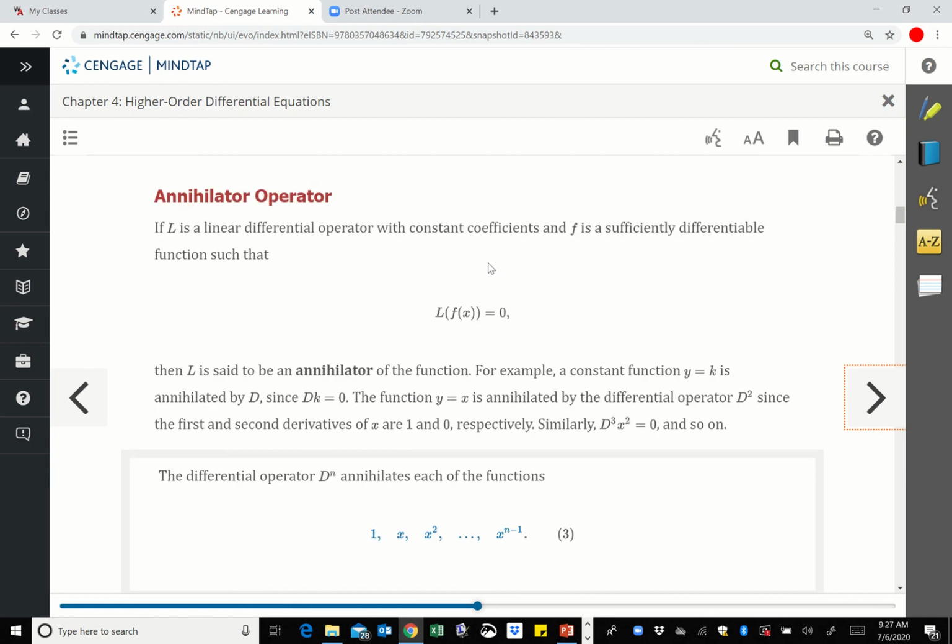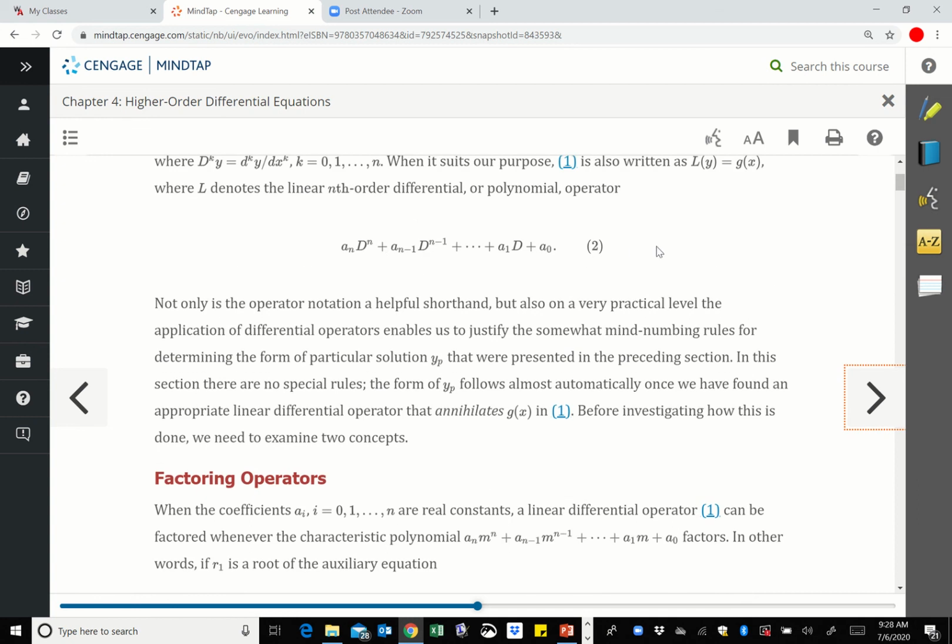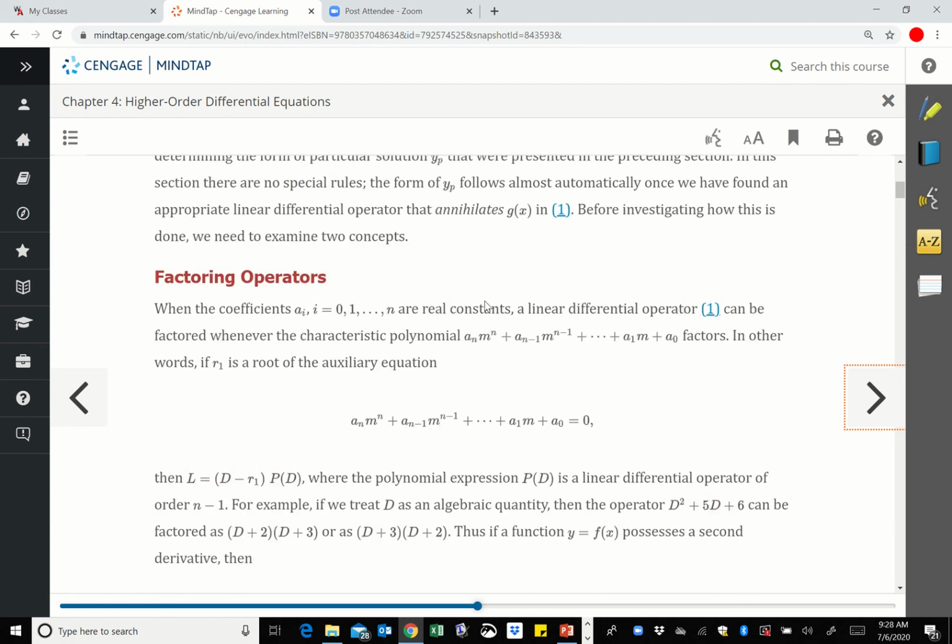This brings us to the concept of what we call an annihilator operator. Let's suppose that L is a linear differential operator with constant coefficients, so L equals an expression of this form.